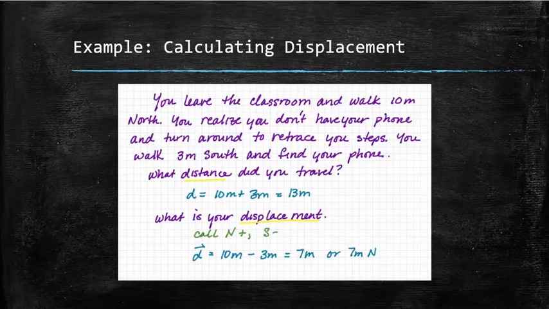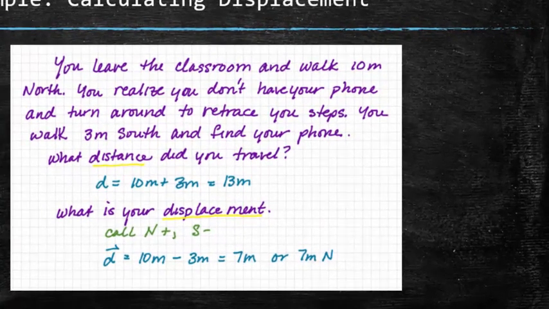So calculating displacement, you're going to look at the difference between where you started and where you ended out, and it's path independent. It doesn't matter where you traveled in between. So here's a quick little problem to look at. You leave a classroom and walk 10 meters north. You realize that you don't have your phone and turn around and retrace your steps.